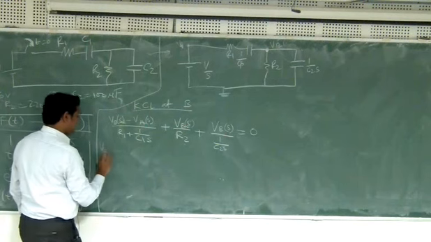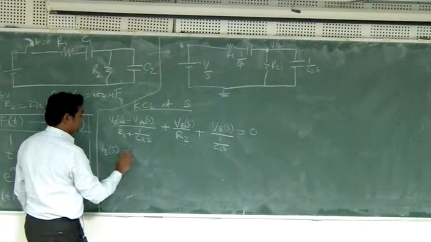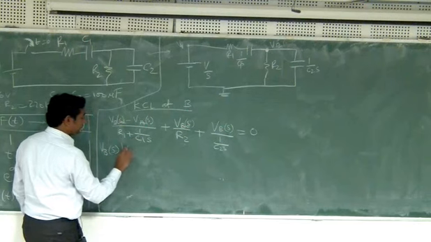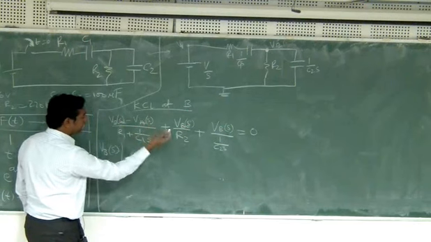I can write VB of S equal to, multiplied by this term, I can take that side.